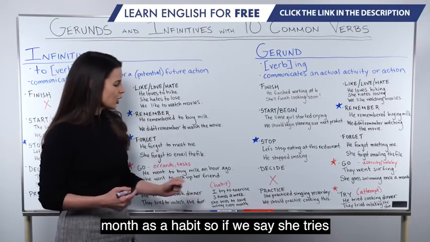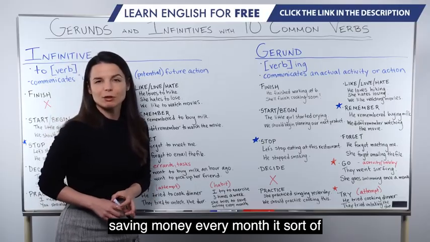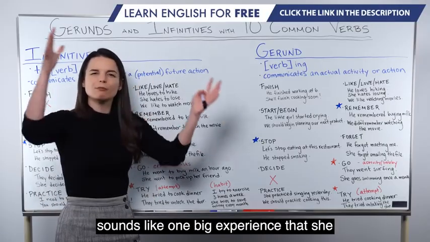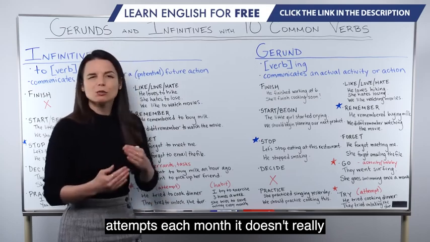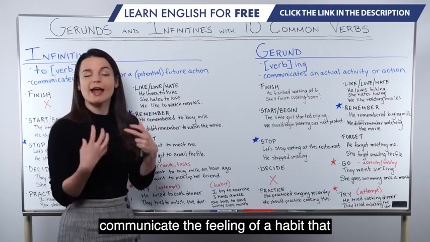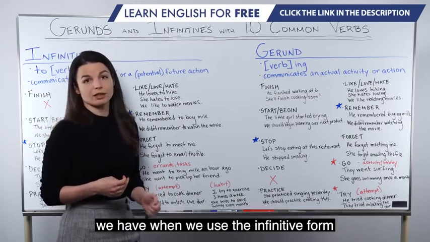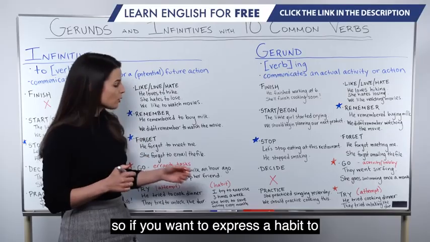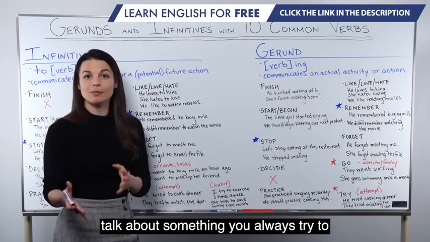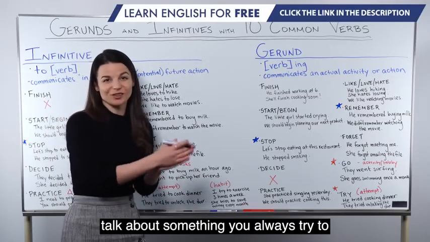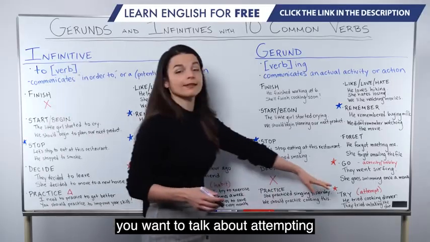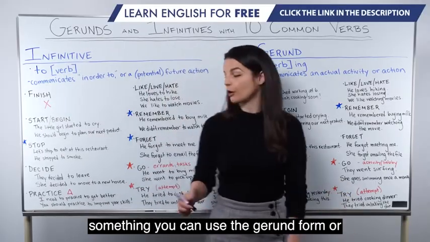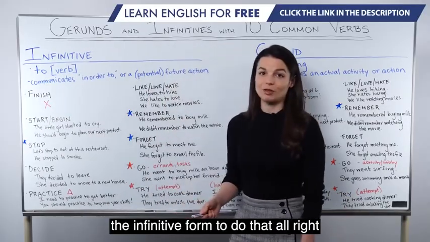So if we say she tries saving money every month, it sort of sounds like one big experience that she attempts each month. It doesn't really communicate the feeling of a habit that we have when we use the infinitive form. So if you want to express a habit, to talk about something you always try to do each month, use the infinitive form. If you want to talk about attempting something, you can use the gerund form or the infinitive form to do that.